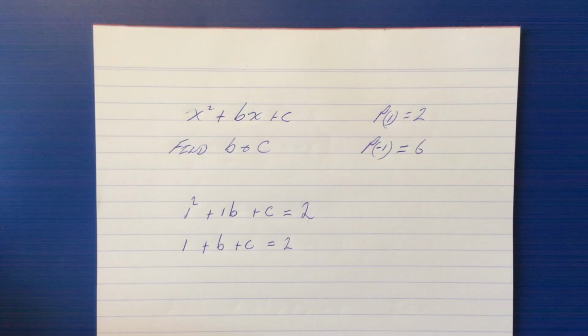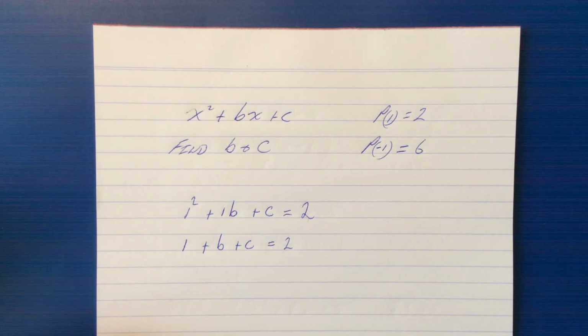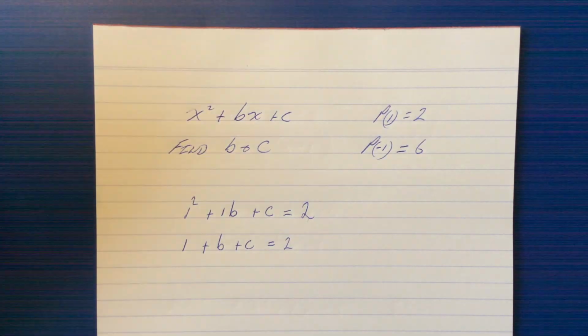Now, this problem is going to be solved using simultaneous equations and by the process of elimination. We're not going to use substitution, which might be a temptation here, but the aim of this was to solve this by elimination, so that's what we're going to do.